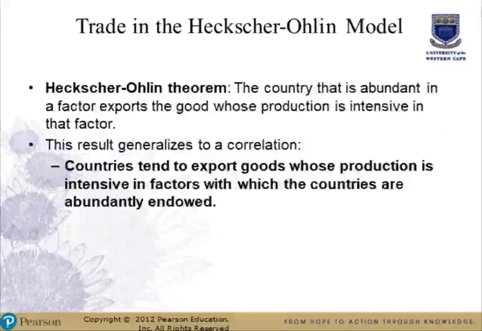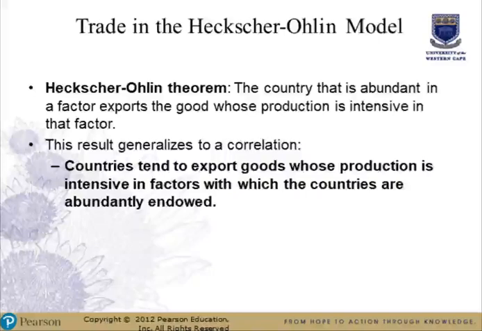The prediction for the pattern of trade in a two-good, two-factor, two-country model of trade can be generalized using a theorem named after its original developers, Eli Heckscher and Bertil Ohlin, that is known as the Heckscher-Ohlin model. The Heckscher-Ohlin theorem states that a country that is abundant in a factor exports the good whose production is intensive in that factor.